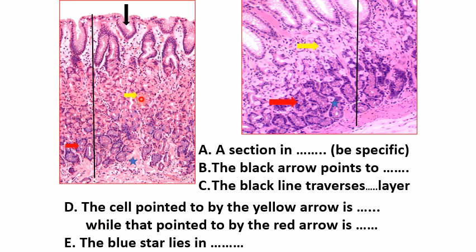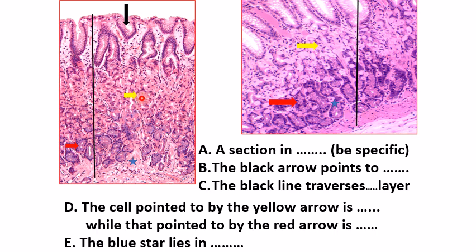Okay, dear students. Here is a narrow, shallow pit, and these are glands that are crowded. So it is the fundus of the stomach. The black arrow points to the pit, which is narrow and shallow. The black line is at the mucosa.